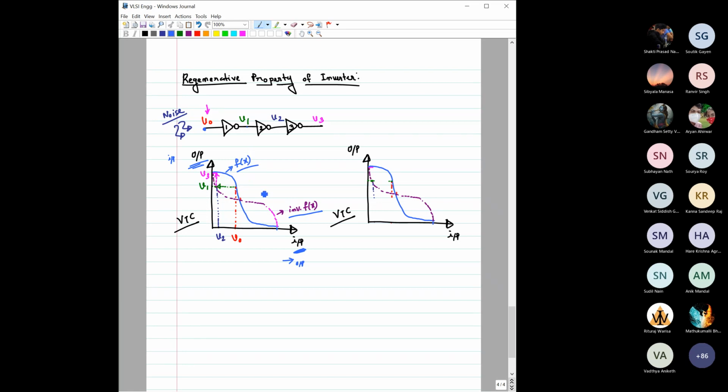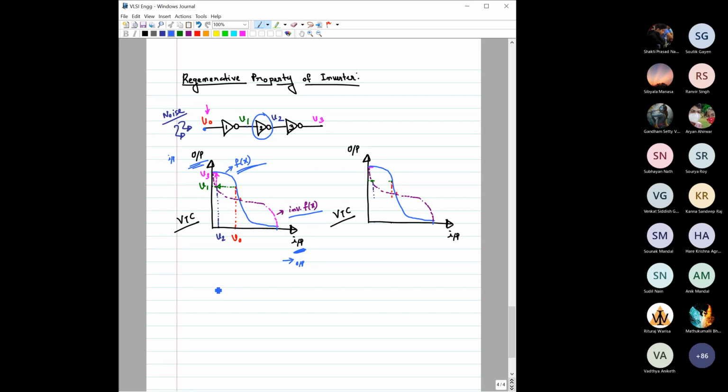So is it clear to you that if it is f of x, then for the second gate, if I want to draw the VTC on the same plot, that VTC would look something like this? Please let me know quickly. Yes, sir. For the second VTC, are the axes the same, or are we changing them?